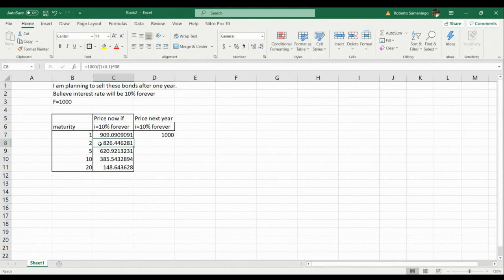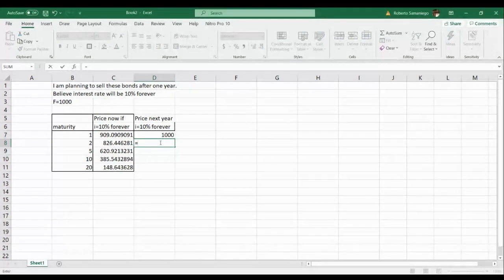What about this one? This one was a 2-year bond, so it was a promise to pay me $1,000 in 2 years. A year has passed, right? So this is now a promise of $1,000 in 1 year. There's still 1 year left on this contract, right?